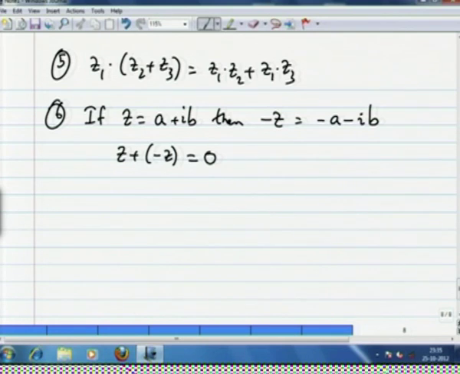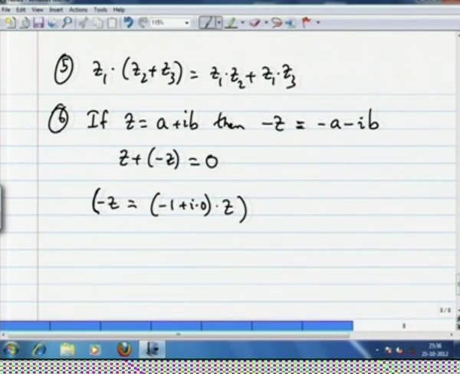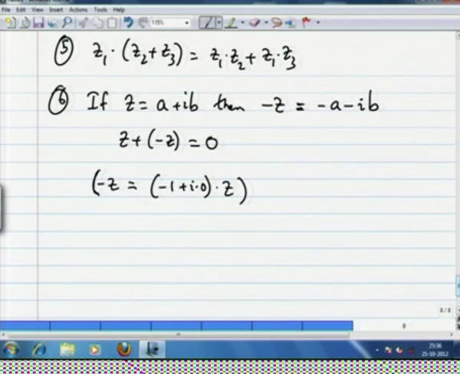And it is true that minus z is actually minus 1 times the complex number z, so it is (minus 1 plus i times 0) times the complex number z. So, although minus z is denoted by minus a minus i b, it stands for the complex number minus a minus i b. It is true that minus z is minus 1 times z.